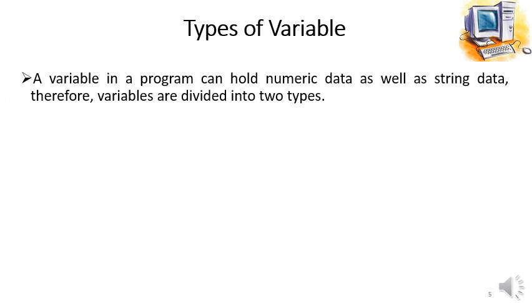Okay. Now types of variables. A variable in a program can hold numeric data as well as string data. Therefore, variables are divided into two types. Just like constants, there are two types of variables: numeric variables and string variables. Just like in constants, we have numeric constants and string constants.